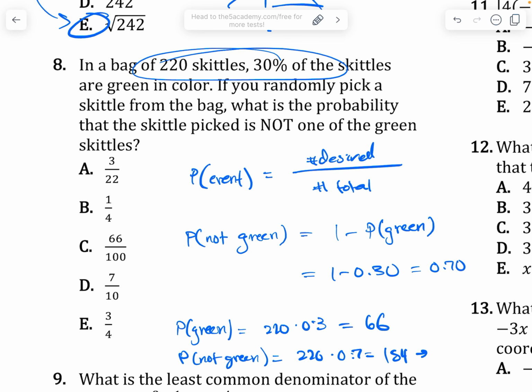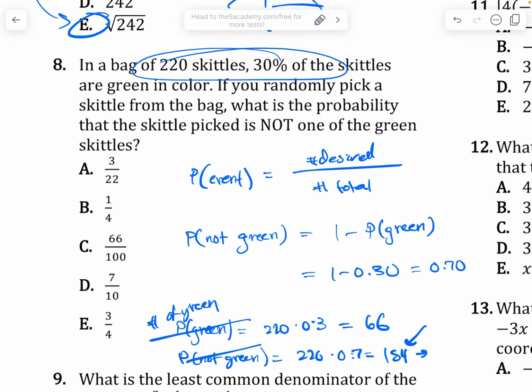Then you could say, or sorry, this is not probability, this is number of green. If we're just trying to find numbers, and you can plug that into the formula up here, right? You could divide 154 by 220 and then simplify it if you really wanted to. That's kind of what I'm showing you there.